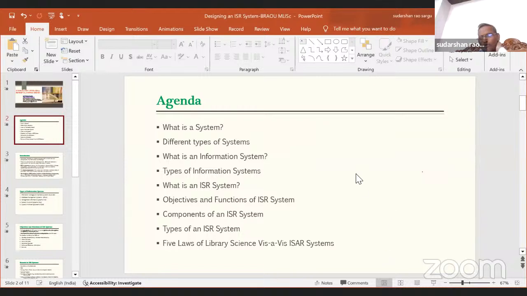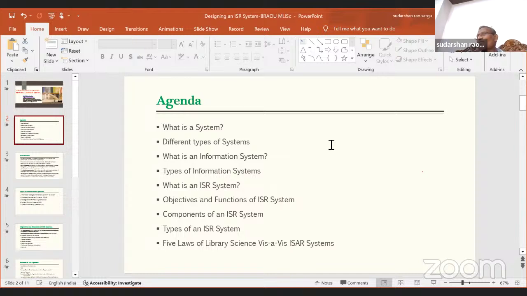So what we are going to discuss is what is a system. System means what? We are talking about information storage and retrieval system. First of all, we should know what a system is.